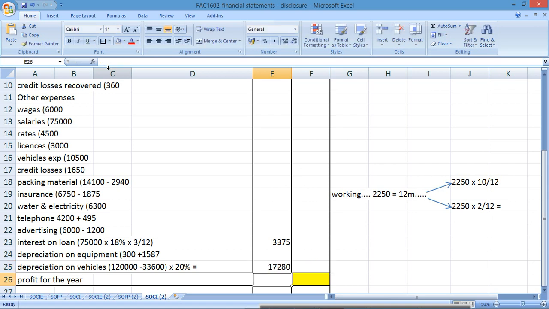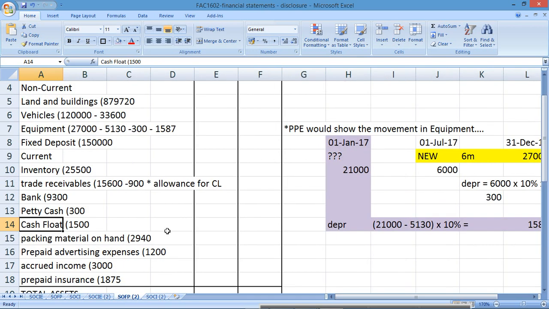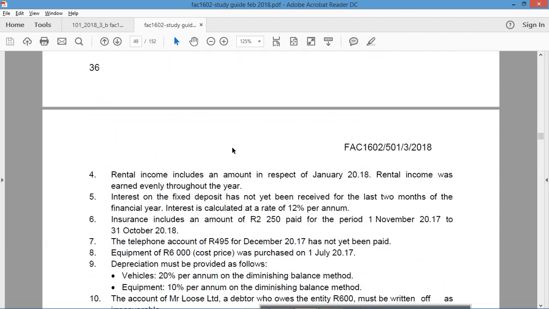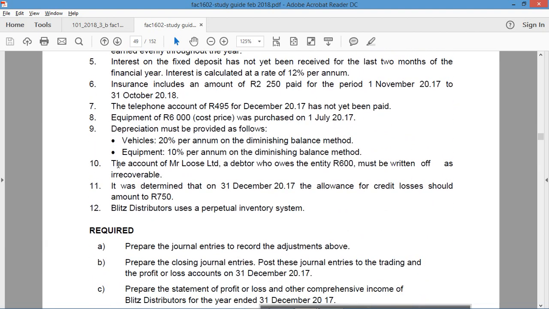Let me do it with brackets. Yes, 17,280. Now what? Then you have to account for it. Where? On the vehicles, so it's minus 17,280. Okay, and that's another one complete. Right, what happens here?